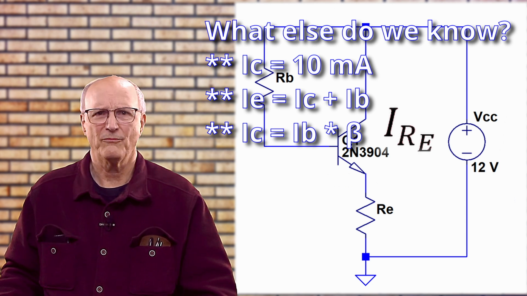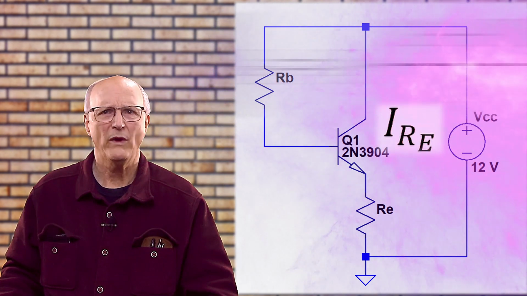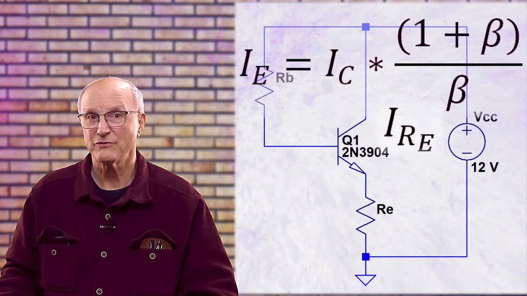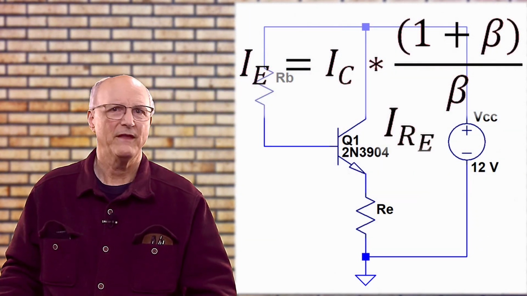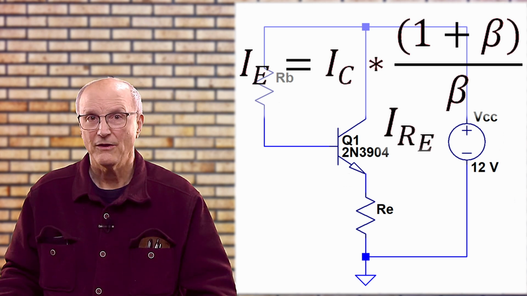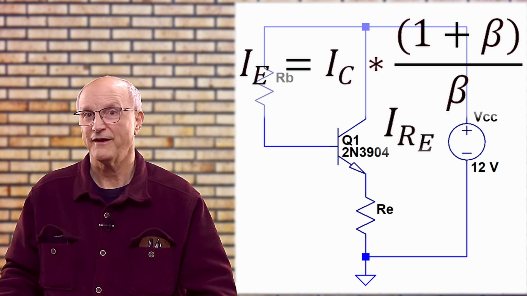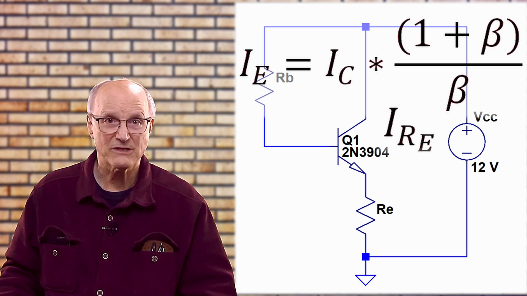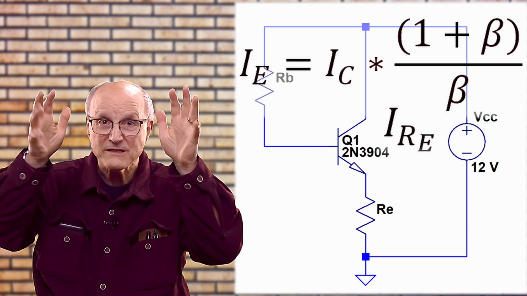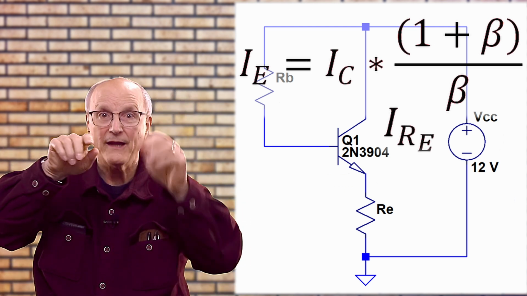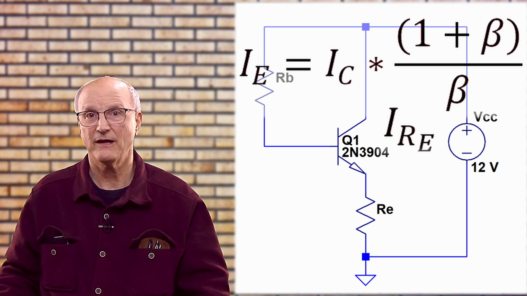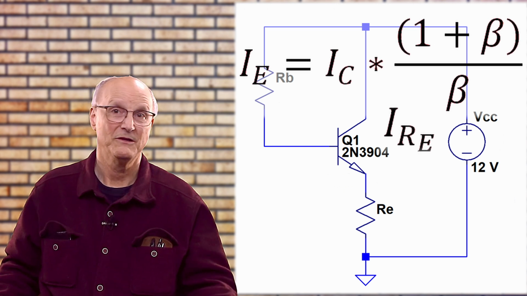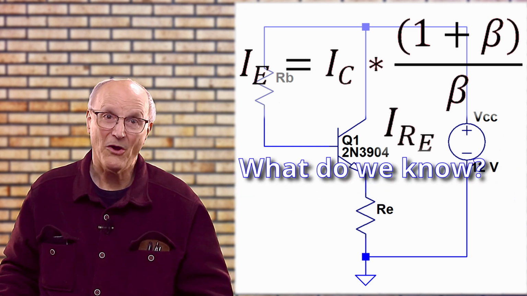After doing a little mathematical magic, we know that the emitter current is related to the collector current with this equation. The emitter current, IE, is equal to the collector current, IC, times the quantity 1 plus beta divided by beta, where beta is the DC current gain of the transistor. So at this point, what do we know?